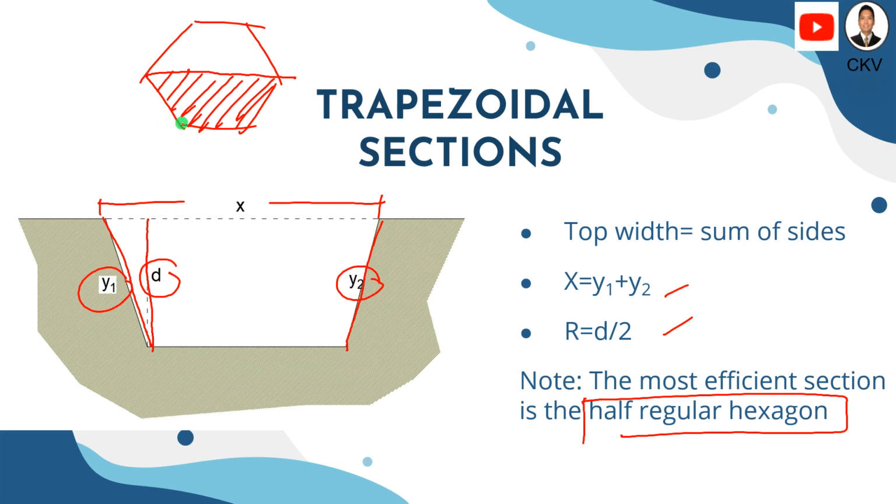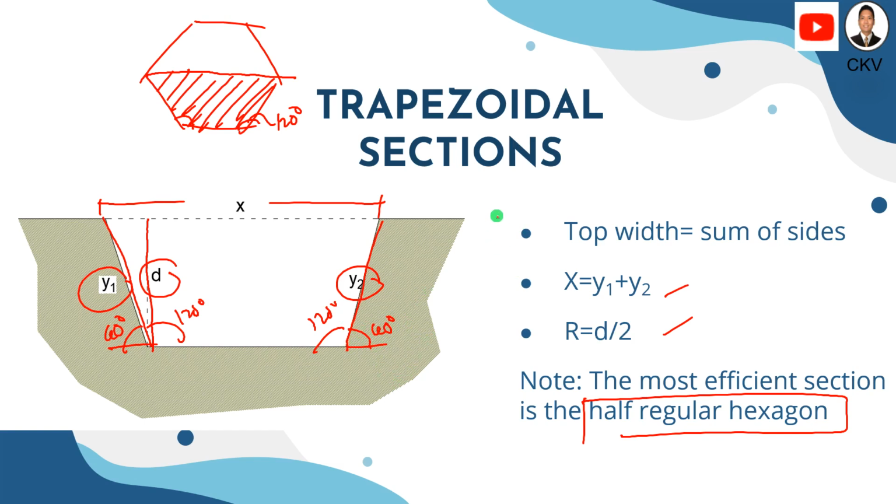That means that we have an interior angle that is equivalent to 120 degrees, or an angle here of 60 degrees. 120, 120, this is 60. Okay.